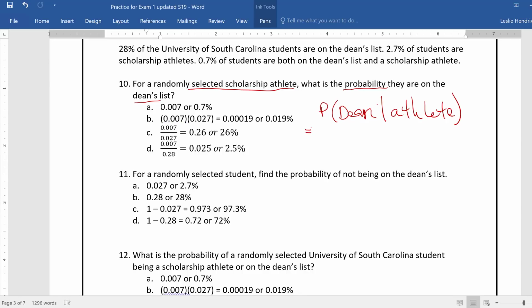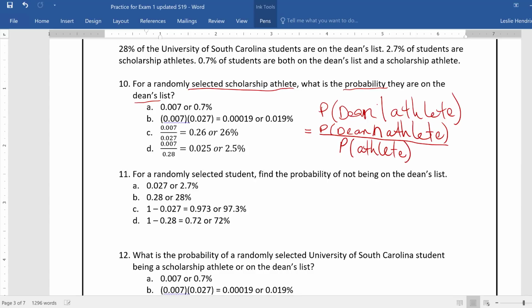And we know the formula for computing a conditional probability. That's the probability of their intersection. So the probability of the Dean's List and athlete, divided by the probability of the thing you're conditioning on, the probability of being an athlete.